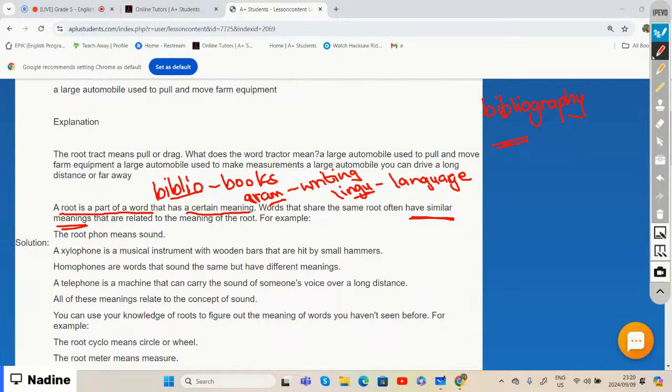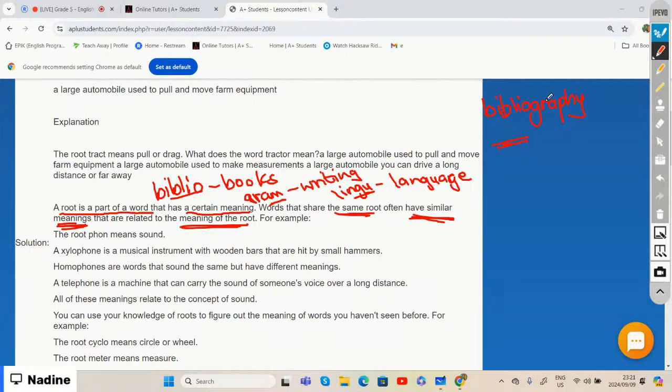So that is why we say a root is a part of a word, which is biblio, gram, and lingo, for example, and it has its own meaning. It has a certain meaning. And if we have words that share the same root as biblio, or gram, or lingo, then it means that they often have similar meanings, or they share the same meaning, and that are related to the meaning of the root.